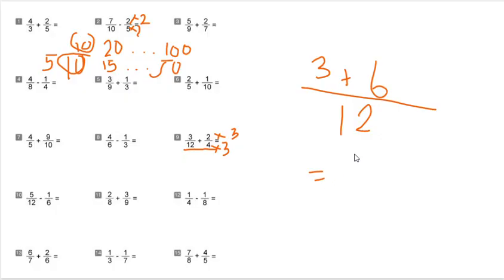Therefore we have 3 plus 6 is 9 all over 12. We can bring 9 over 12 to its simplest form as 3 over 4. This is our final answer.